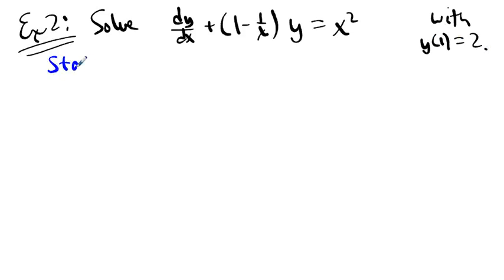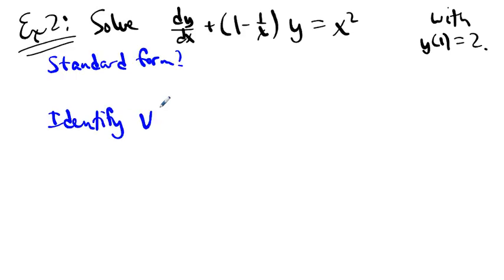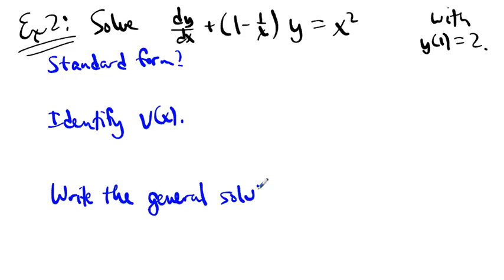So some things to consider. Is it in standard form? If it is, identify your v. Once you have that, you can write the general solution. So take a moment, identify whether this thing is in standard form, see if you can come up with a v.